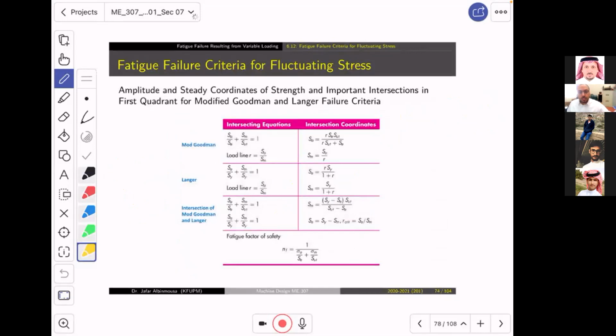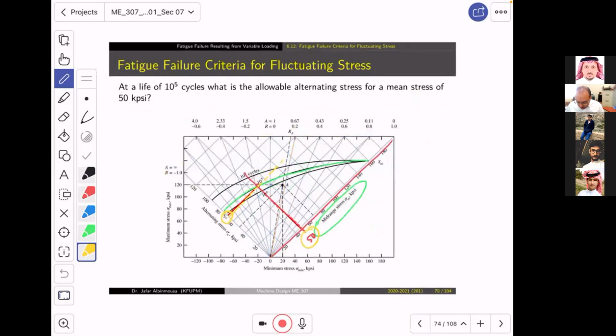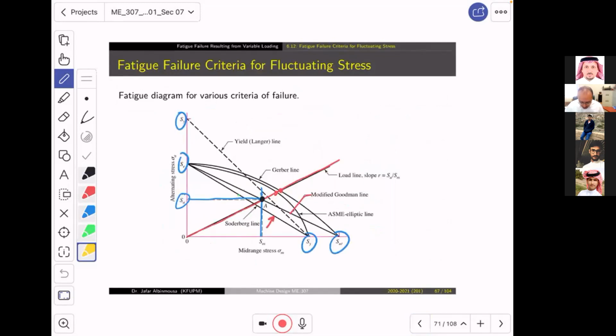Now, for design purposes, we know that you might want to program your design equations, and you want to know always what are the results coming from different criteria. And what did we say? If you recall, let me go back to the curve over here.